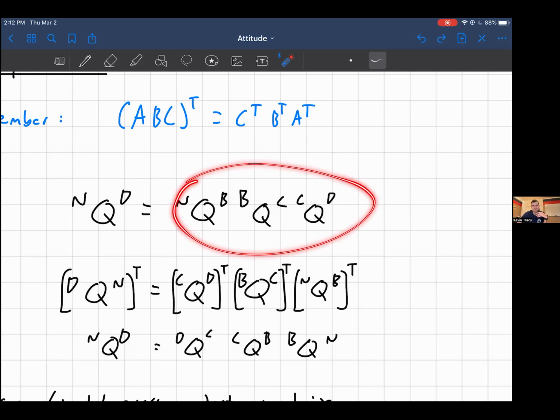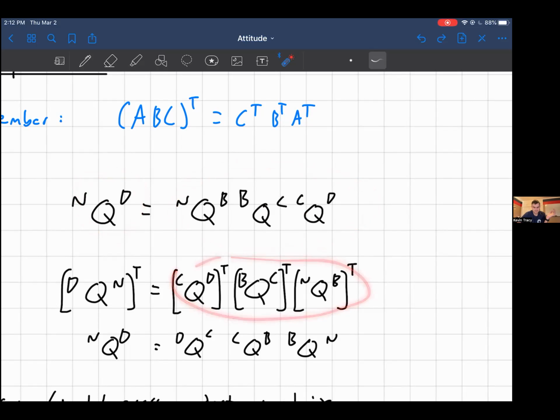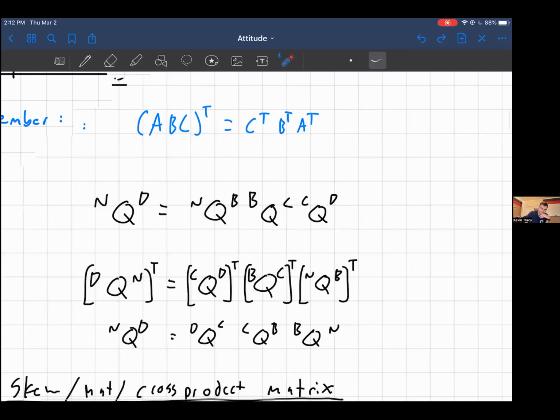So I'd always recommend doing things in this notation. Now, instead of Q and D, if I wanted the opposite rotation, if I wanted D to N, I'll just transpose this, and you'll see that I transpose all these things, and I end up with this same sort of relationship I had before, where I'm matching up all of the inner frames in this.